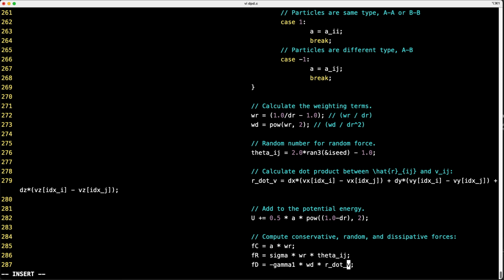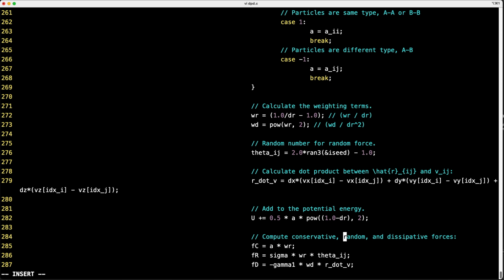Okay, so here's where we come to the part where we need to think about whether or not this definition of the dissipative weighting force is correct, because we're dividing it by dr squared. So if you think about it, when we do this, one of the drs is going to come up when we take the dot product between fd and, let's say, dx, dy, dz. So one of those is already taken care of. Now what about the second dr in the denominator here?